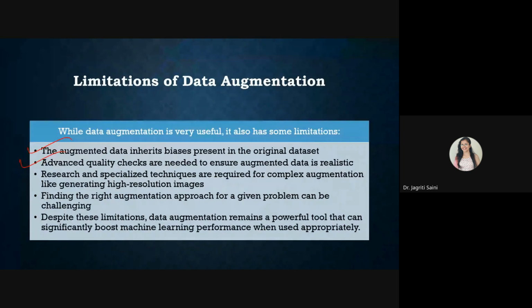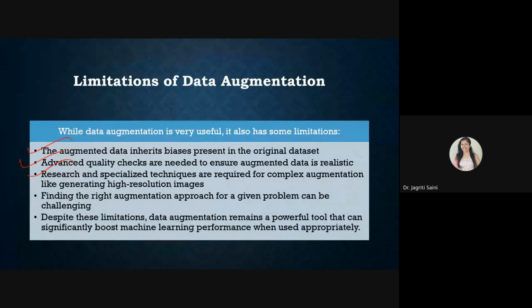Advanced quality checks will always be required in augmented data to create realistic models, because sometimes if your augmentation techniques are not right, as we have discussed already, if we choose the wrong augmentation technique, it is going to make your model even worse. So those things we need to get checked with the help of experts to ensure good model building.